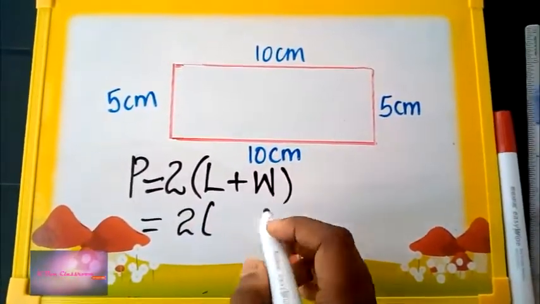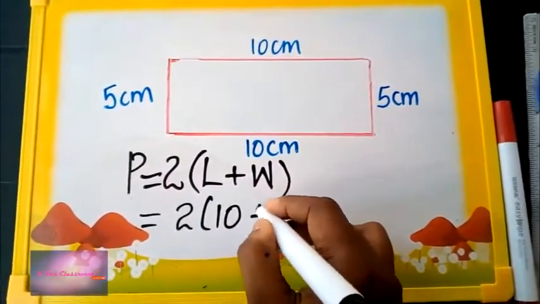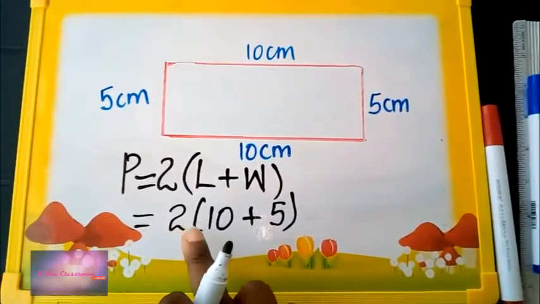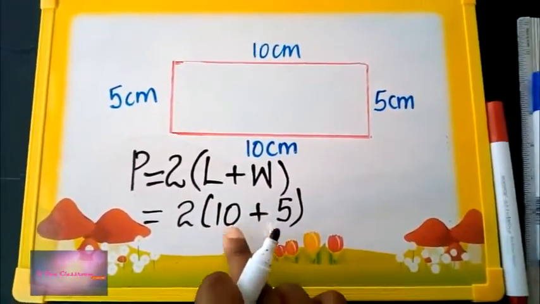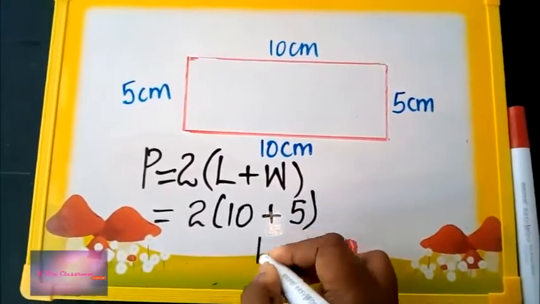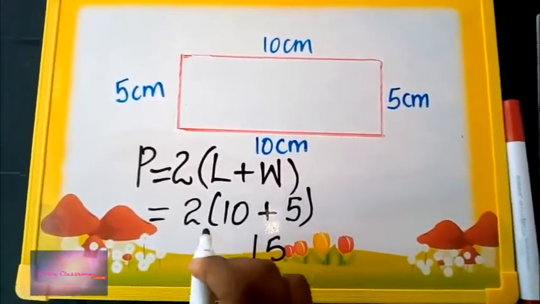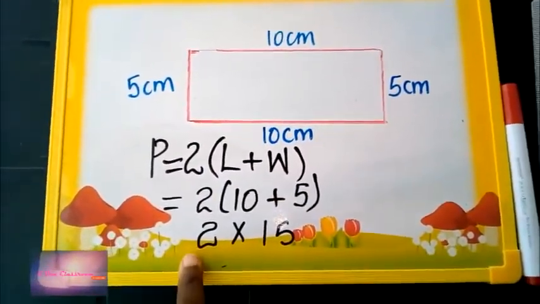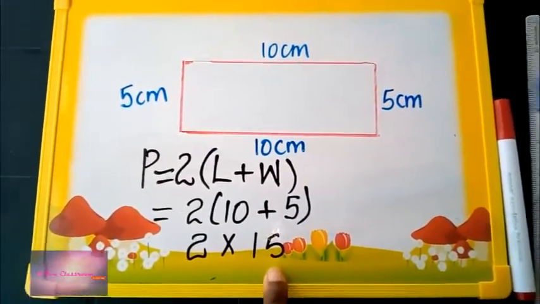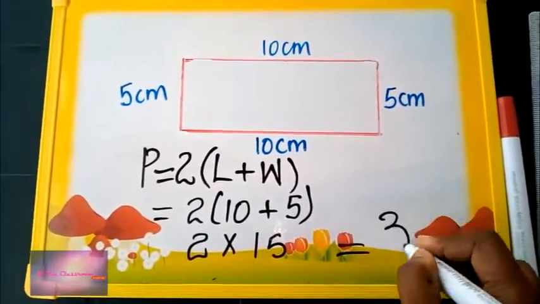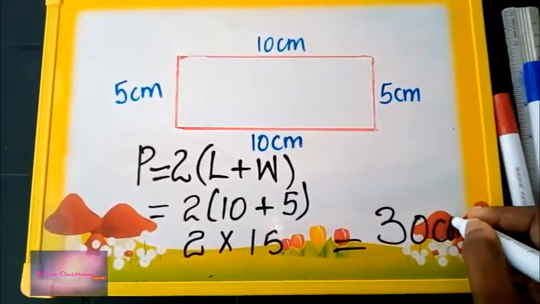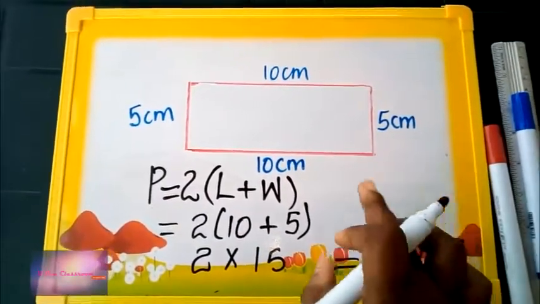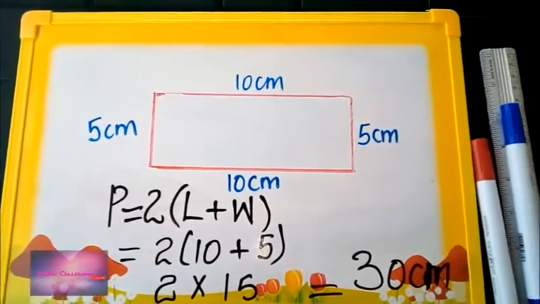We know that the length is 10 and we know that the width is 5. So this becomes 2 multiplied by everything here. 10 plus 5 will give us 15. Now we can write our multiply sign. So we have 2 multiplied by 15, and this is equal to 30 centimeters. So the perimeter of this rectangle is 30 centimeters.